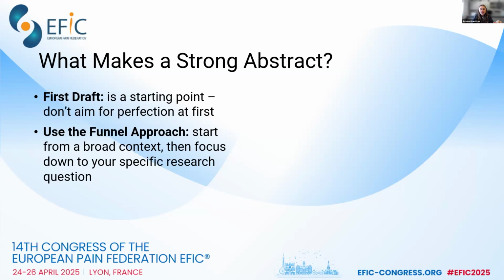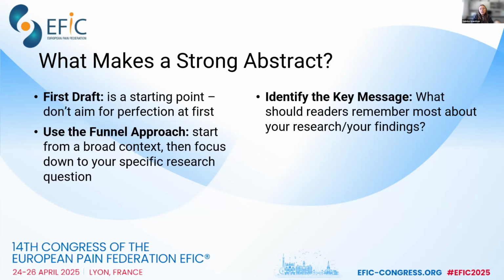From there, it's important to talk about the key message. This is the thing you want readers to remember most about your work. Imagine that we read your abstract and we can only take away one point from it. What should it be? You really need to have a clear key message, and then your abstract will be much more memorable and also impactful.